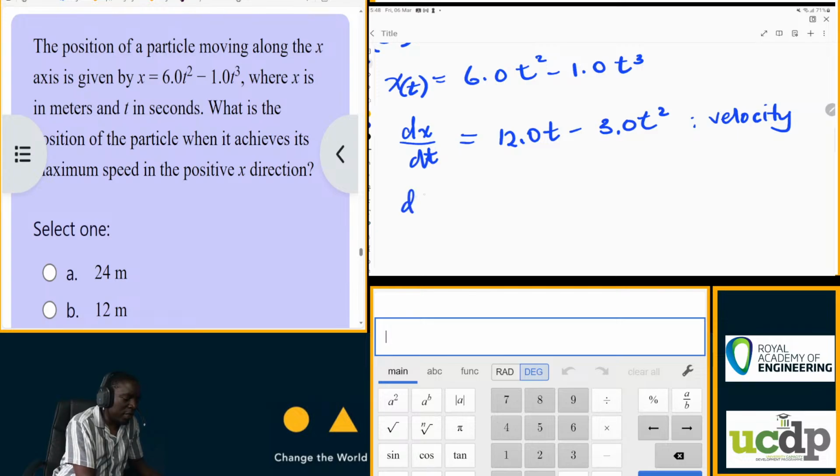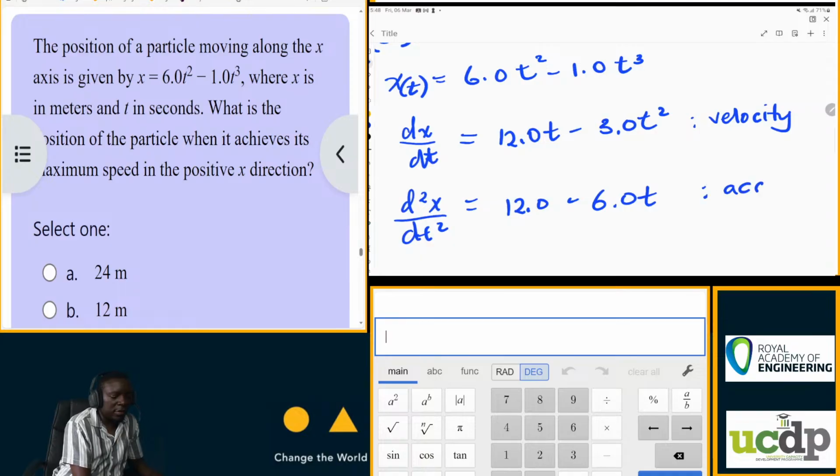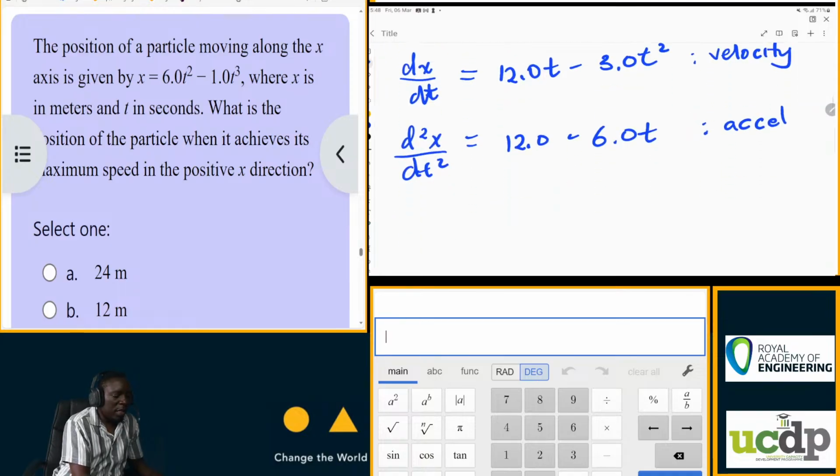So we go on further to find d squared x over dt squared, which is the acceleration, and we differentiate the velocity. We find 12 minus 6t as our acceleration. But then, what does that mean? It means at the point of maximum speed, this acceleration is equal to 0.